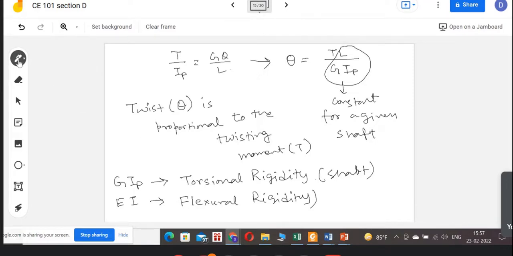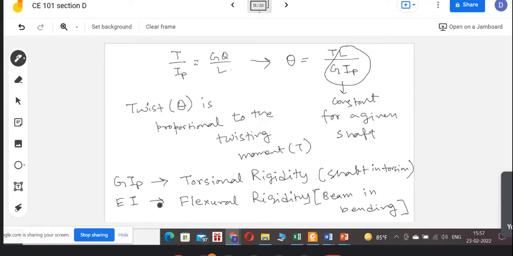So this is for shaft in torsion, and this flexural rigidity is used for beam in bending. We have done this part.